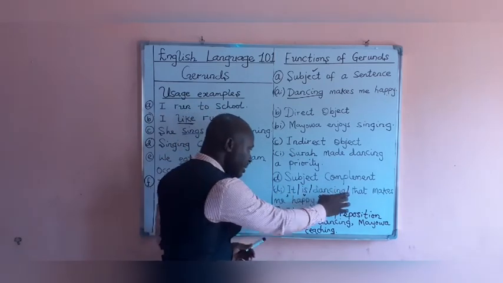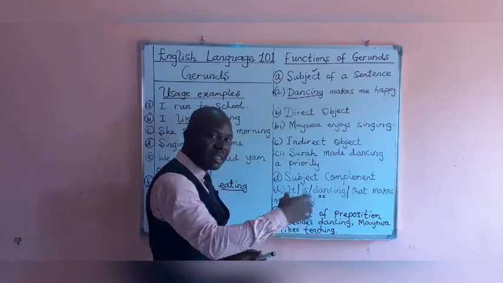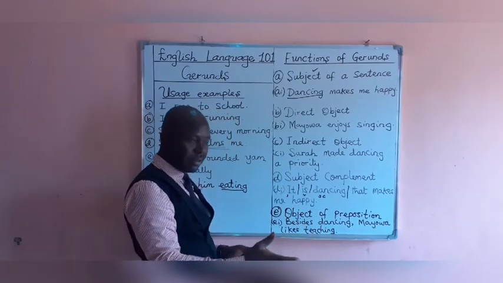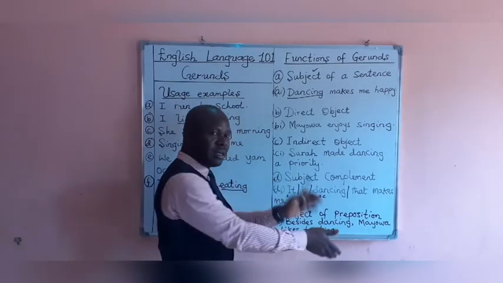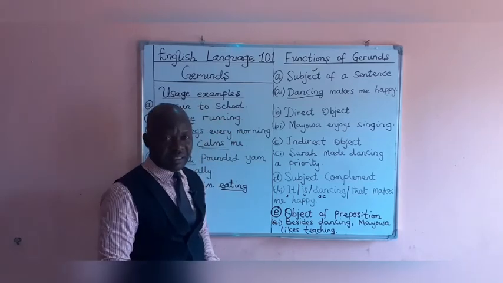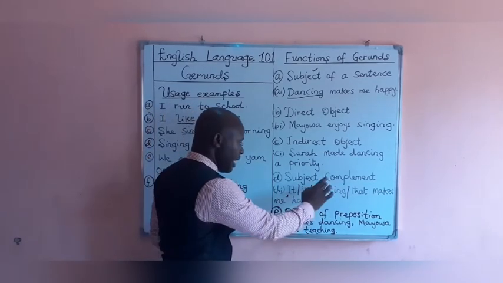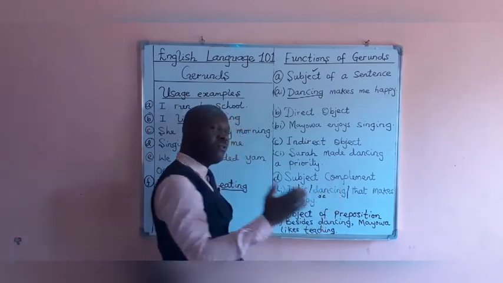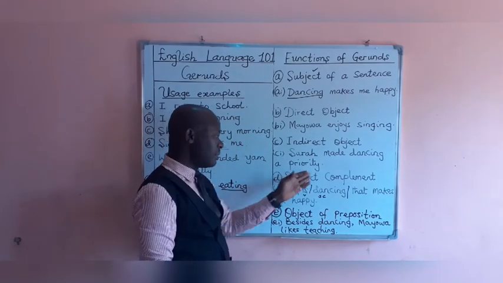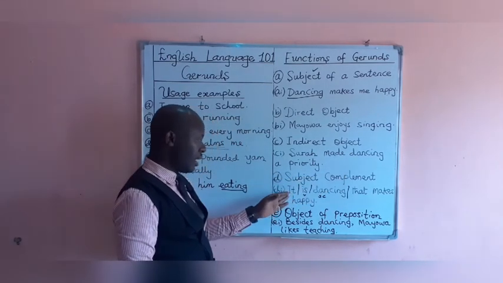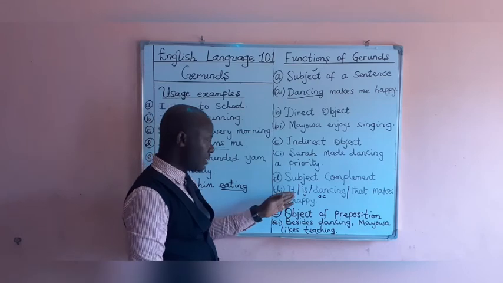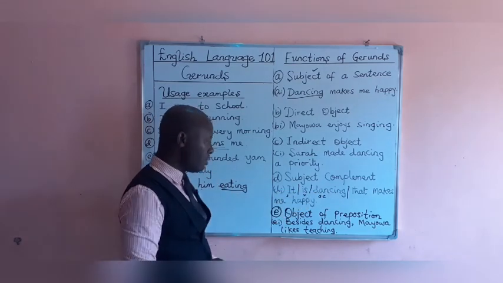You can say, dancing is it that makes me happy. You can juxtapose their position and it still makes perfect sense. So here we have a gerund functioning as subject complement. It being the subject and dancing being the complement.